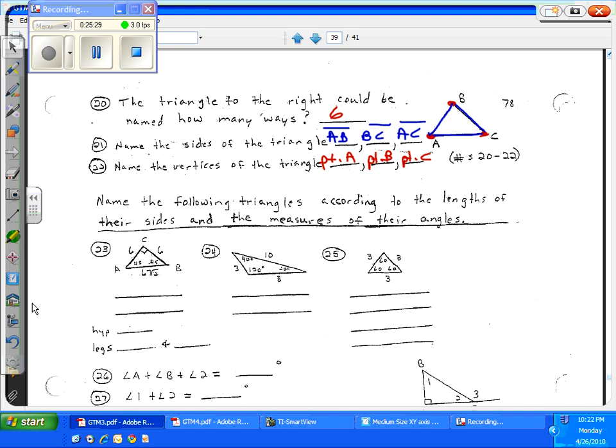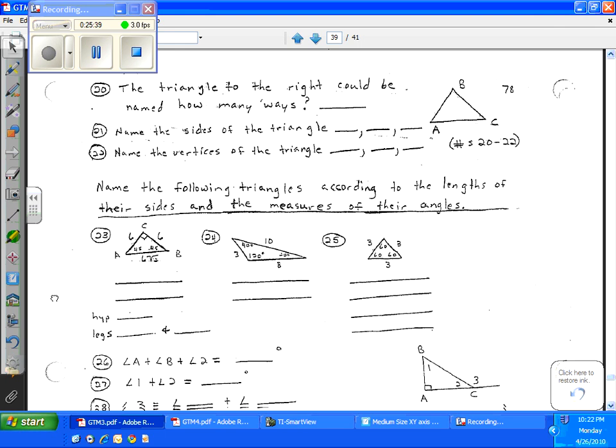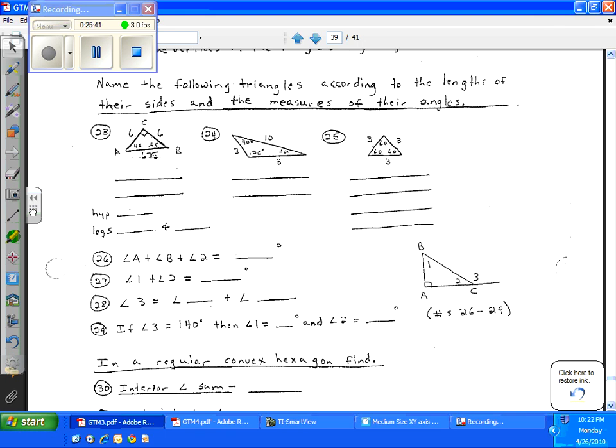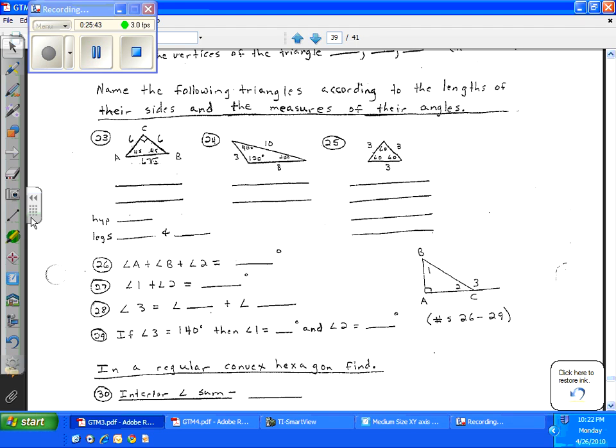Any questions on the definition of and the parts of a triangle? Now we're going to classify a triangle according to the lengths of its sides and the measures of its angles. Remember that a triangle with no equal sides is called scalene. A triangle with at least two equal sides is called isosceles.